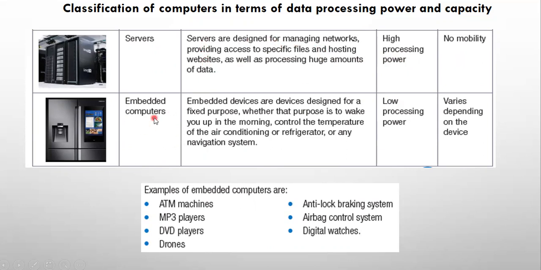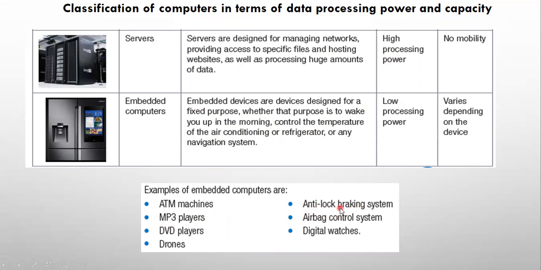Then you have embedded computers. Embedded devices are devices designed for a fixed purpose, whether that purpose is to wake you up in the morning, control the temperature of the air conditioning room or refrigerator, or any navigation system. Examples of embedded computers are your ATM, your MP3 players, DVD players, drones. They all have embedded computers.